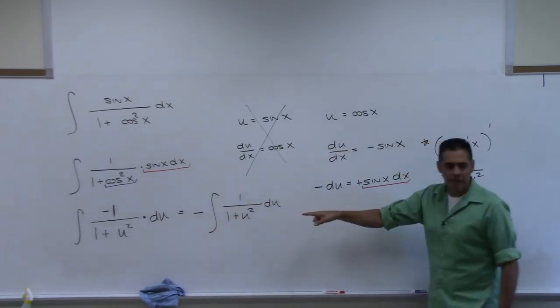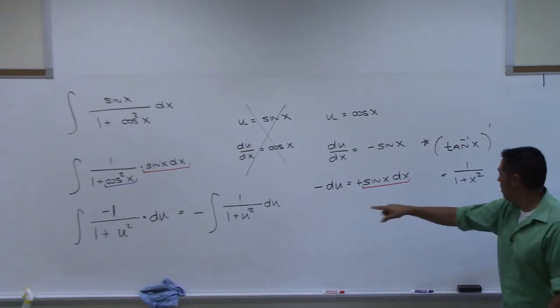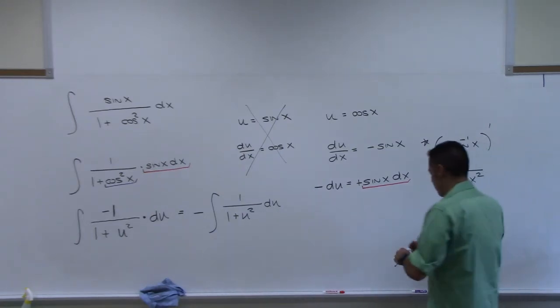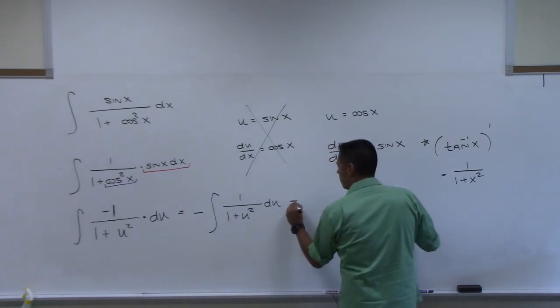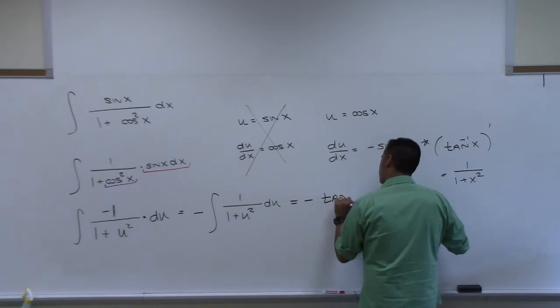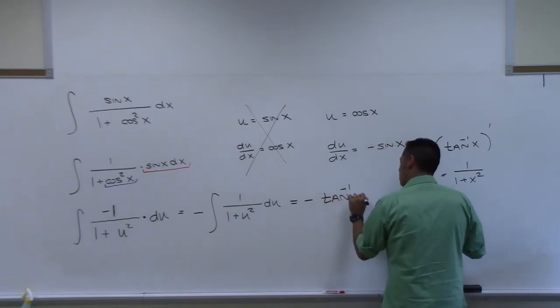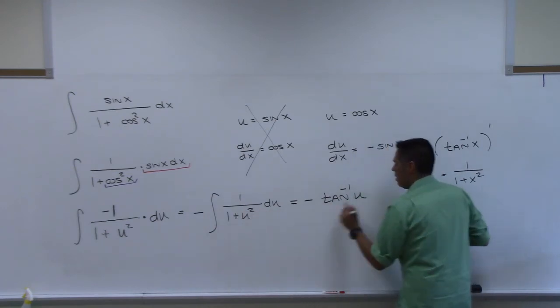So the antiderivative of that should be arctangent of u, right? Because we're dealing with u, not x. So this becomes, don't forget the negative out here, negative arctangent of u. That's it. That's the antiderivative of this, plus c.